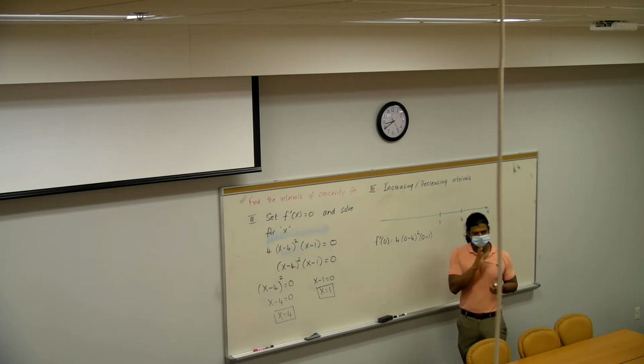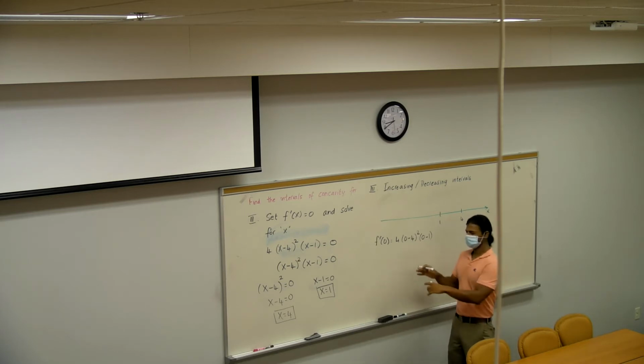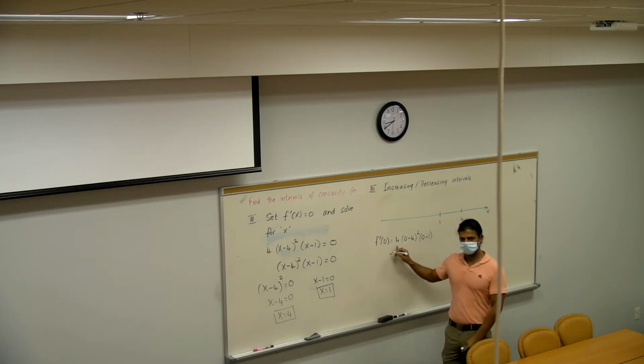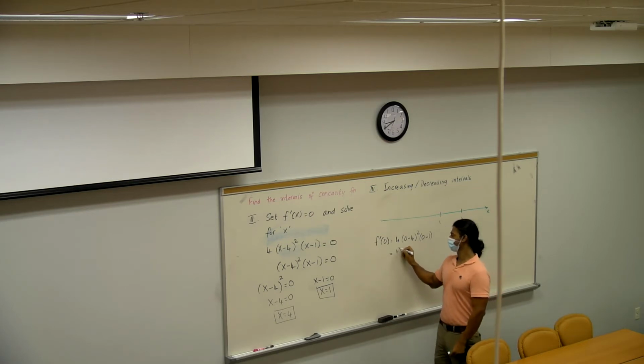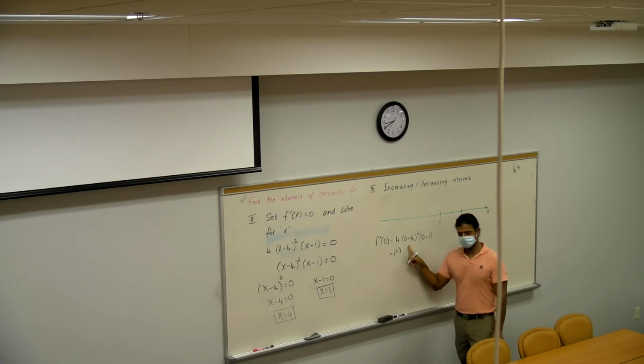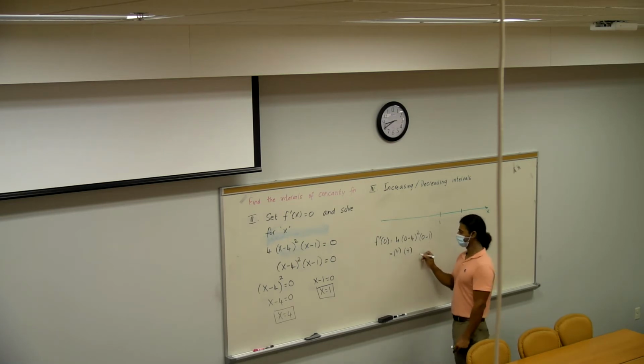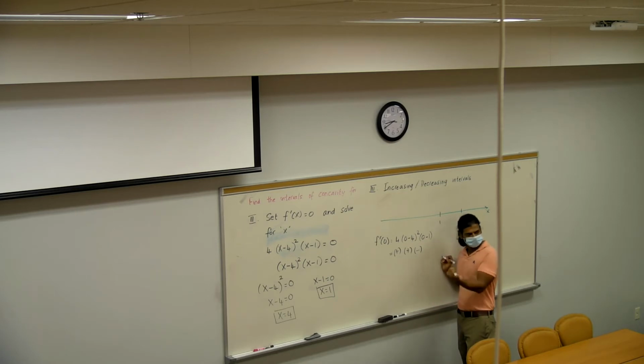All we need is the sign, because all we care about is the sign. So, I don't need the exact value. Is 4 a positive number? Yes. Negative 4 squared, would I get a positive number? Yes. 0 minus 1, that's a negative number. Positive, positive, negative, we get negative.